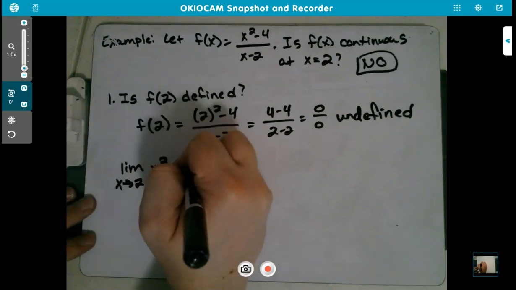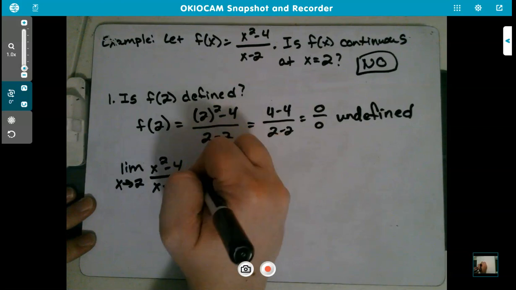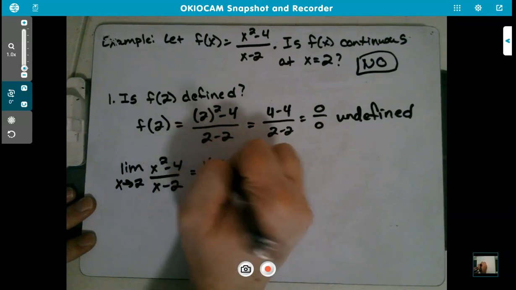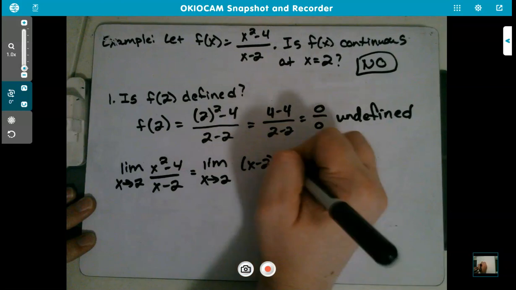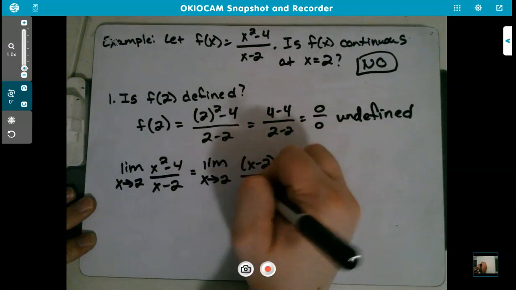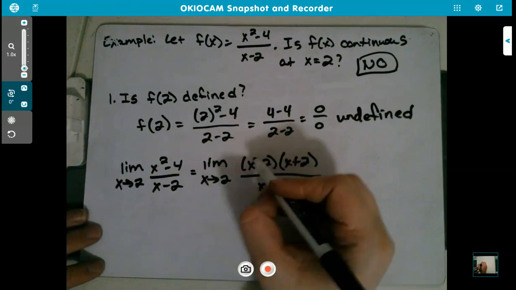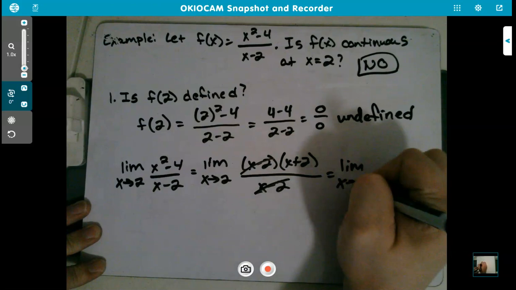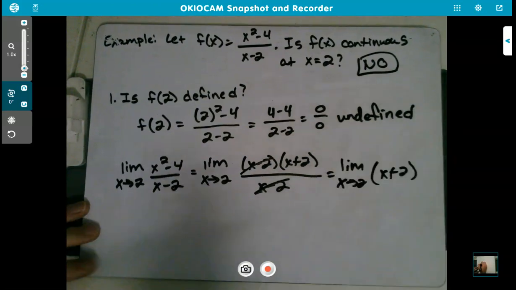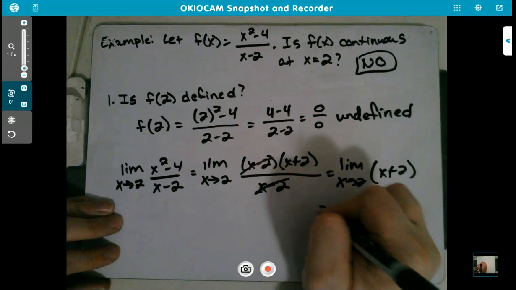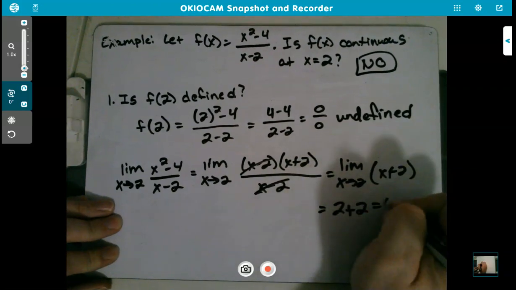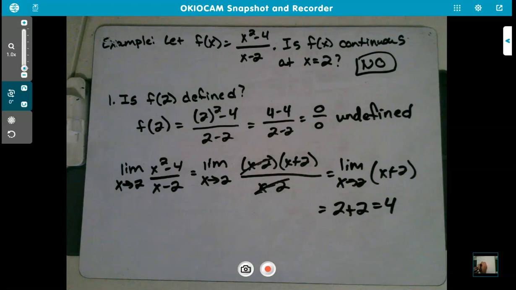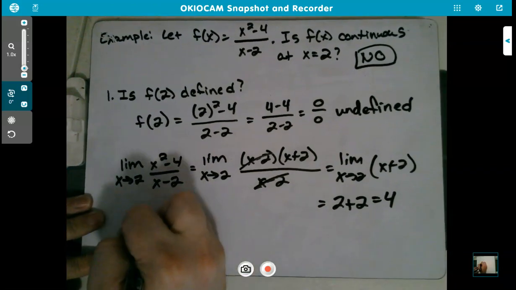I can factor the top part, x squared minus 4, to be x minus 2 times x plus 2, over x minus 2, which is helpful because then I can just cancel the x minus 2's out. So that's the limit as x approaches 2 of x plus 2. Now I can plug in a 2 and get 2 plus 2, which is 4. So since the limit as x approaches 2 exists, because I can get 4, this is a removable discontinuity.